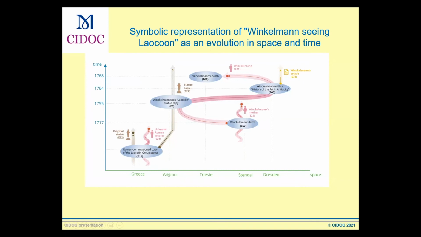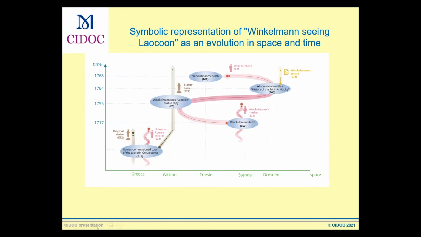But the statue was then kept in the Vatican, which is where Winckelmann saw it. He was born in Stendal, and he wrote his article while living in Dresden, and he eventually died in Trieste. So we can see time and space being mapped out here, and this sequence of events happening which allow us to describe the relationships between the original Greek statue and Winckelmann's article.